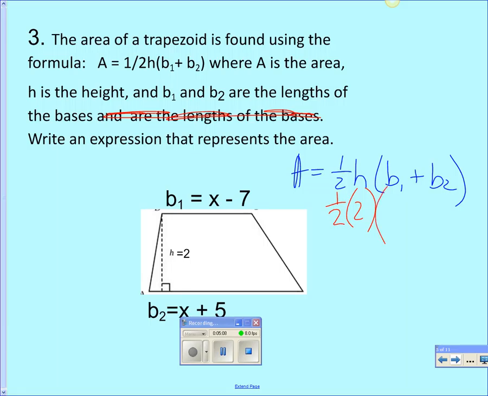Chuck, what goes in for B1? All right, x minus 7. And Andrew, what has to go right after the x minus 7? A plus. This plus has to drop down, so you have to put a plus right there. And Gracie, what comes after that? Good. x plus 5.